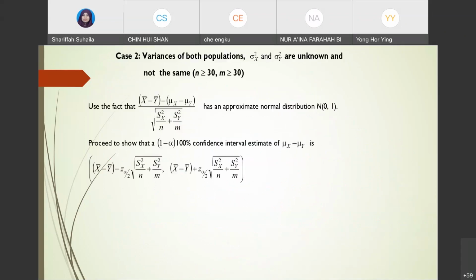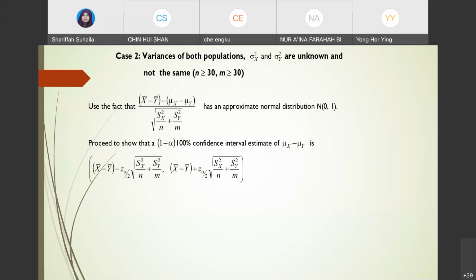So again, for the second case, suppose the population variances are unknown, but again for large sample size. For large sample size, the random variables that we will have are x bar, y bar, and also s, the sample variance.